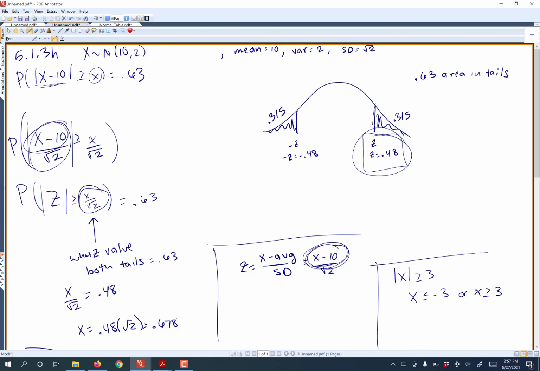Now the textbook used a calculator to look up a z value instead of the table, so they got 0.482, which puts them at their 0.6812 answer. But this is the answer for x. It wasn't so much about manipulating x minus 10 or solving equations later. It was manipulating this random variable into the random variable z, and then finding the z value that should go there and solving.